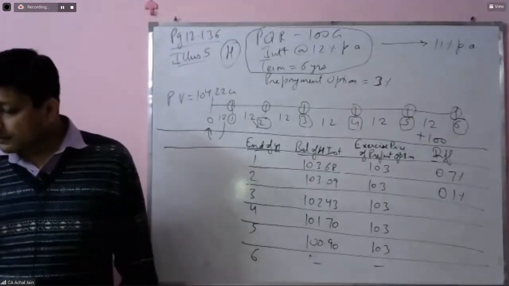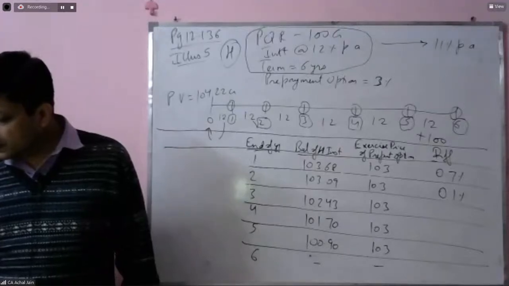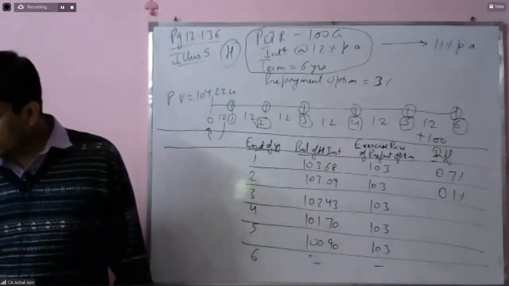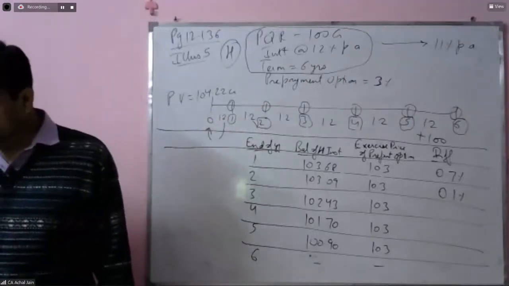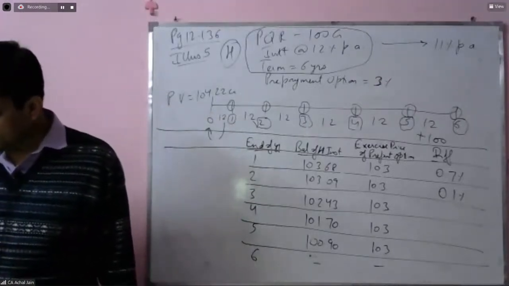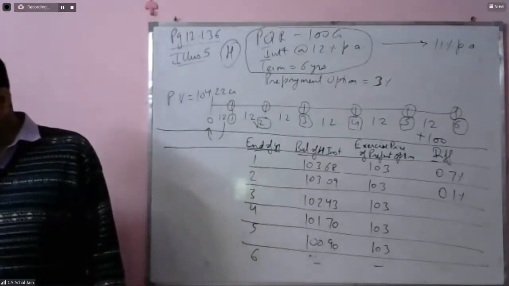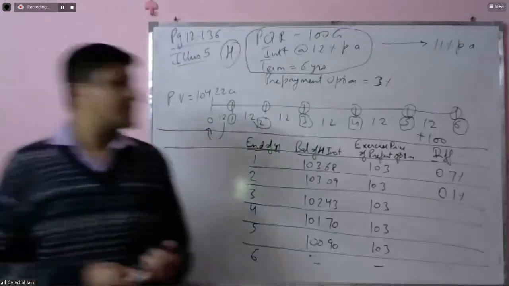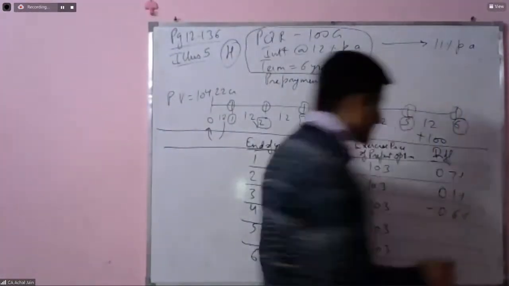So let's once again compute this. 102 minus 102.43. This 0.57 is the change. So this comes out to 0.6, minus 0.6%.